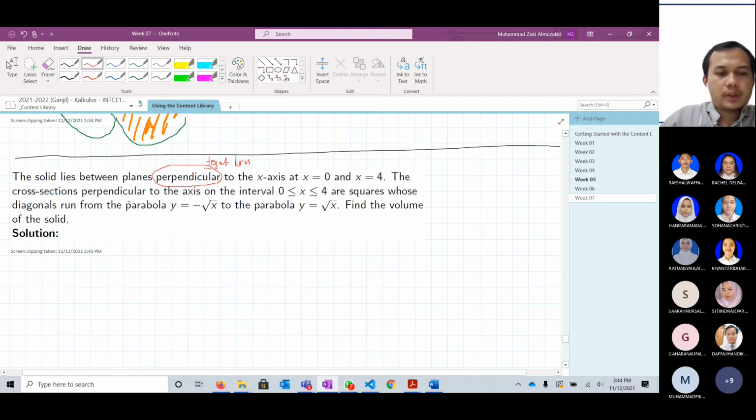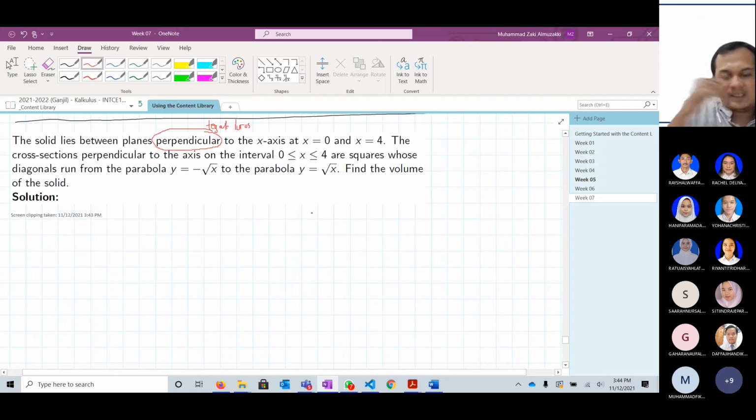The cross-sections perpendicular to the x-axis on the interval 0 to 4 are squares whose diagonals run from the parabola y equals minus square root of x to the parabola y equals square root of x.